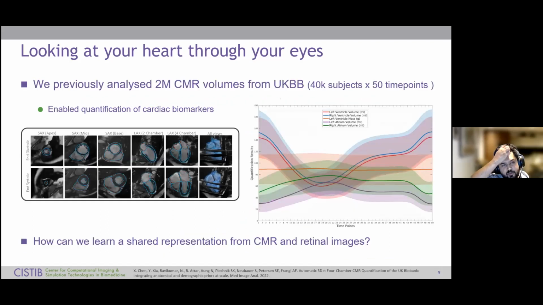I should say that before we got to analyzing this combined data, there was a lot of legwork that went into first just analyzing the cardiac MRIs alone. Because the first thing you need to do if you want to extract any kind of quantitative information from a cardiac MRI automatically and at scale across 40,000 subjects in this scenario is you need a way to separate the tissue that belongs to the heart from the surrounding tissues in your body.